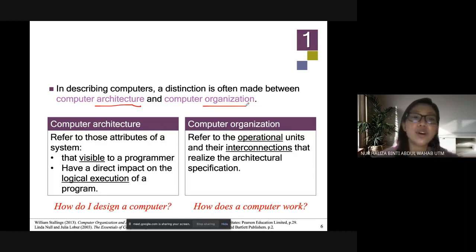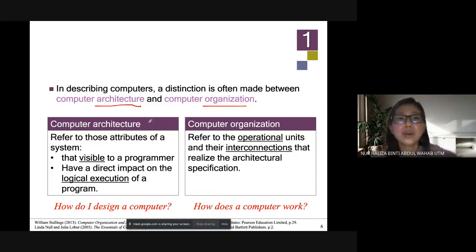So first of all, architecture is when you want to develop or create your own computer. But for computer organization, you just maybe buy a new computer and then you are thinking, how does this computer work?